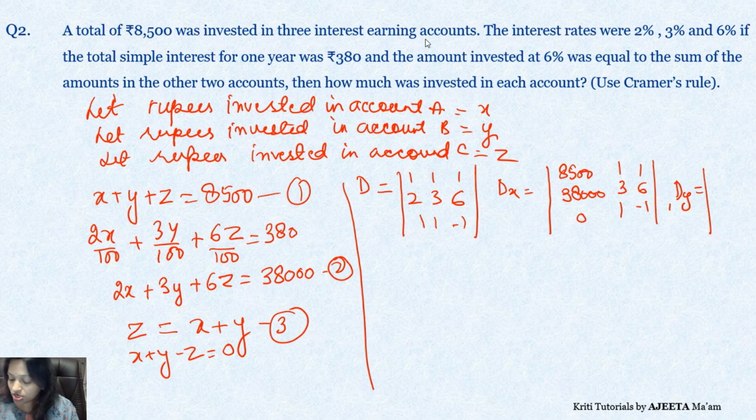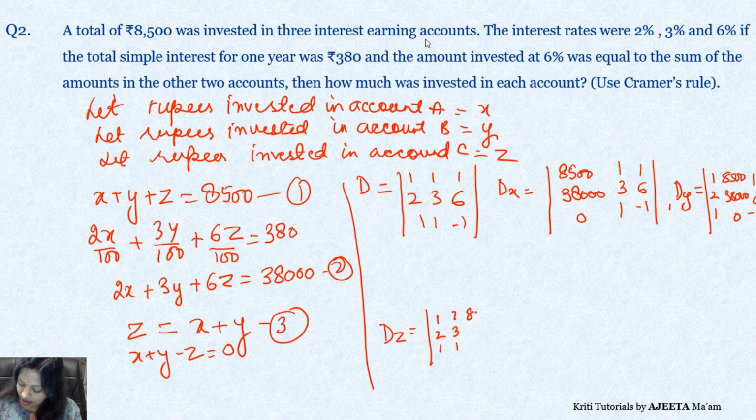Now here we make the corresponding determinant. So 1, 2, 1, 8,500, 38,000, 0, 1, 6, and minus 1. Now let's make it for dz. Dz will be what? 1, 2, 1, 1, 3, 1, 8,500, 38,000, and 0. Okay. Now let's again solve the three determinant values.